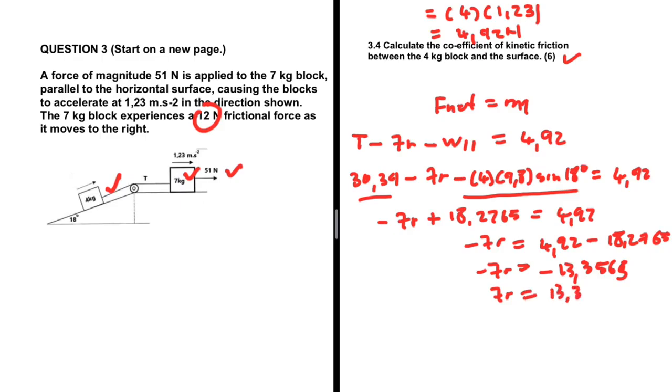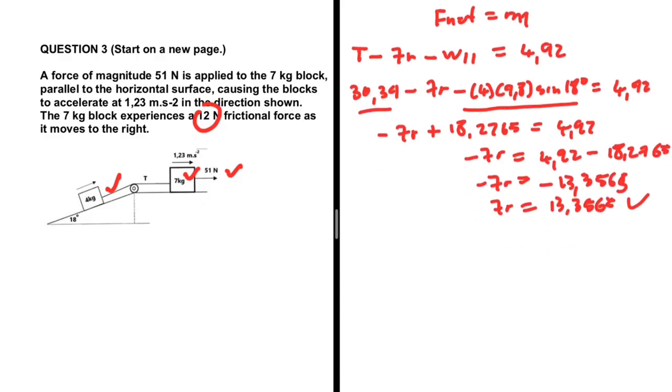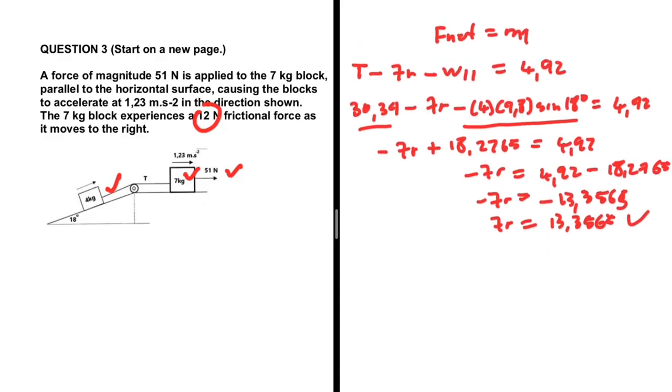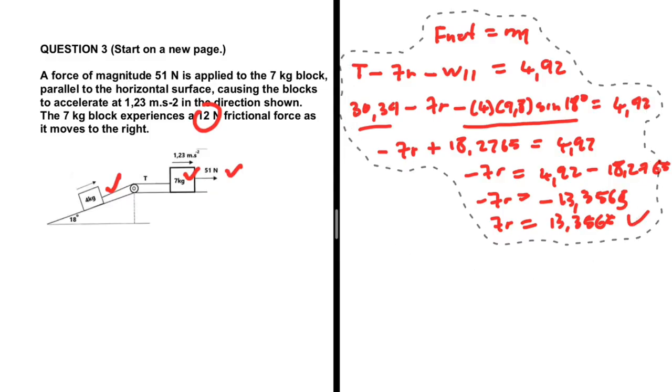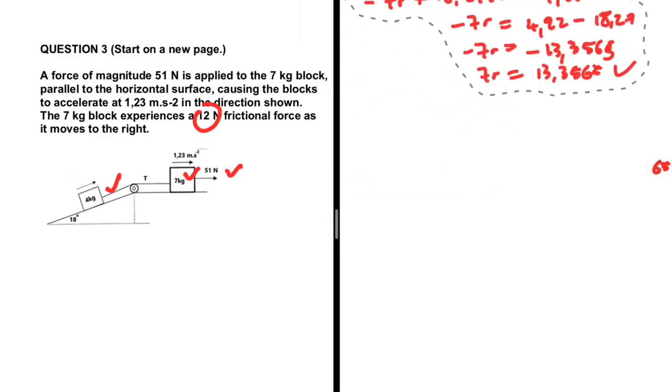Now that we have the frictional force, we can go ahead and try calculating the coefficient. It should be an easy task when we have the frictional force. Okay, let me just drag these upwards. We know fully well that the frictional force is equal to the coefficient multiplied by the normal force.